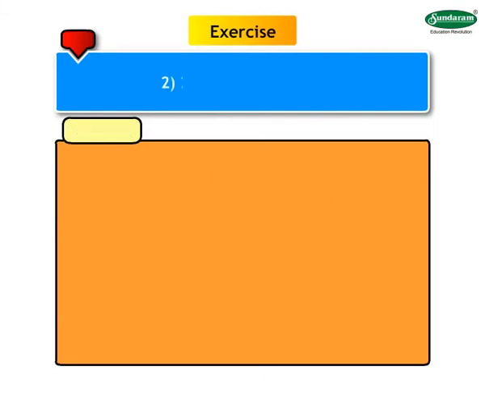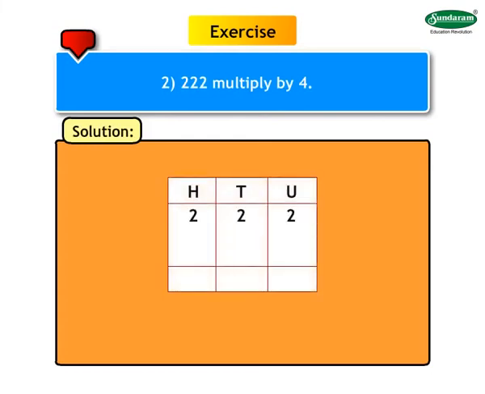2. 222 multiplied by 4. First multiply the units digit 2 by 4. Write the product 8 in the units place of the product. Multiply the tens digit 2 by 4. Write the product 8 in the tens place of the product.